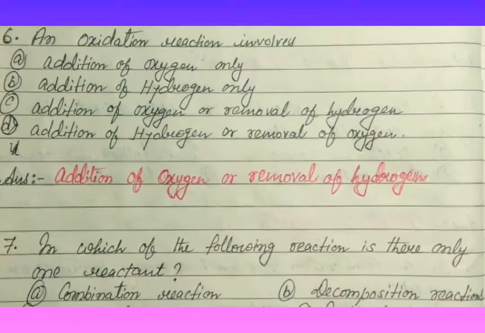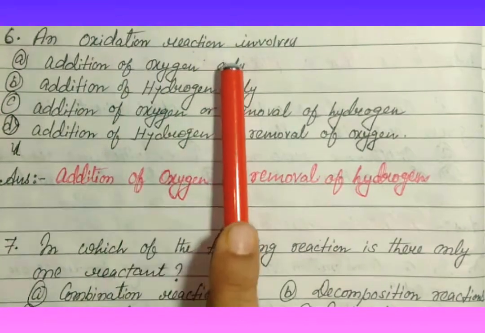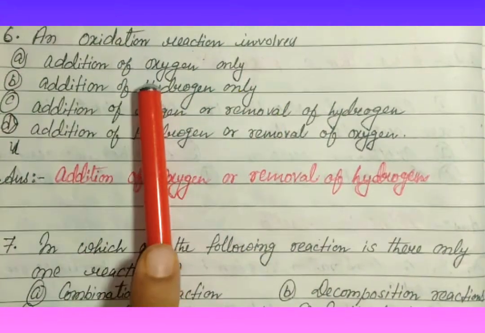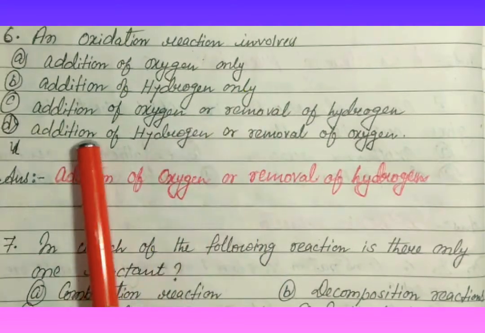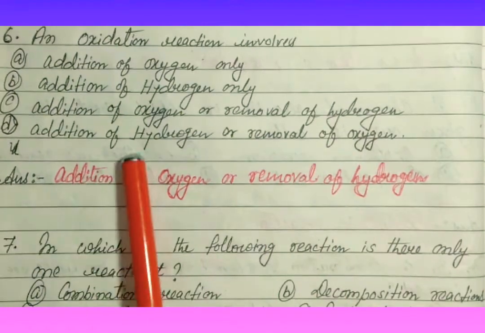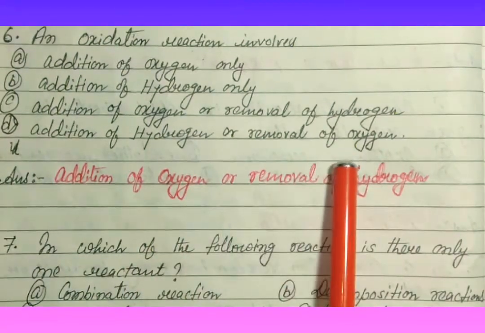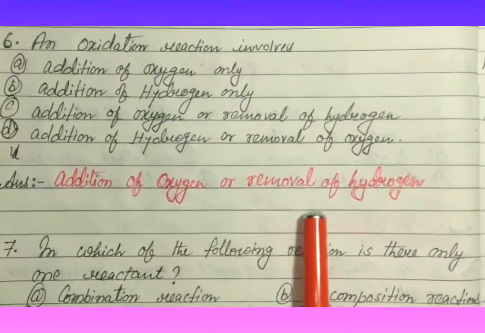Now the next is question number 6. An oxidation reaction involves: addition of oxygen only, addition of hydrogen only, addition of oxygen or removal of hydrogen, addition of hydrogen or removal of oxygen. The answer will be addition of oxygen or removal of hydrogen.